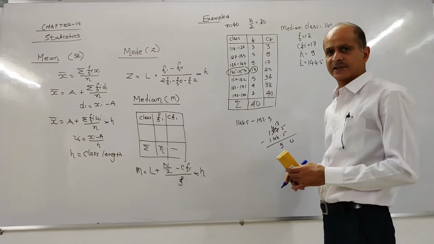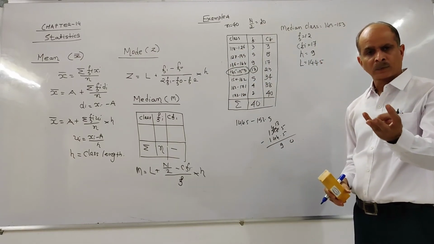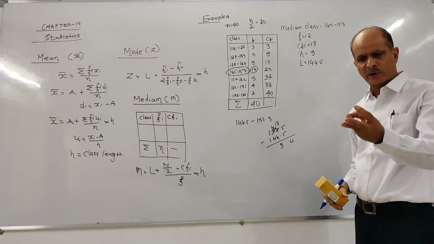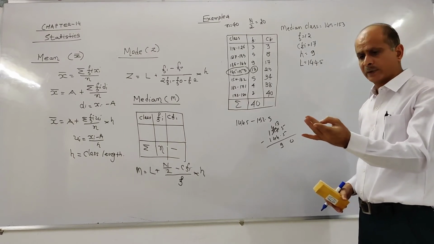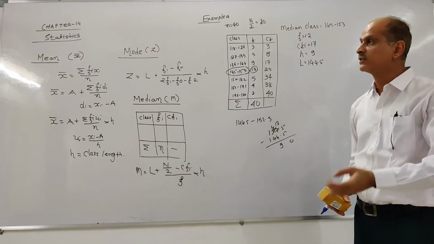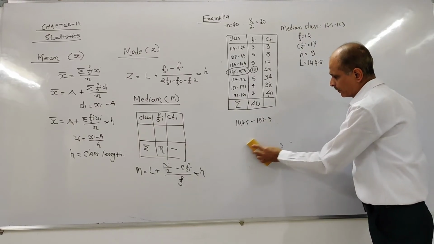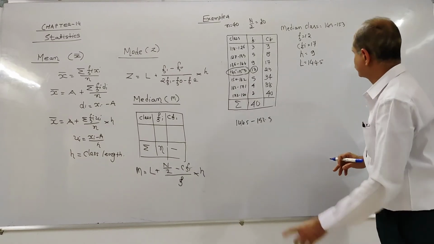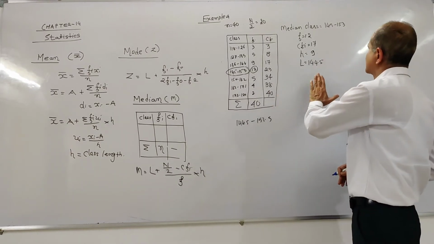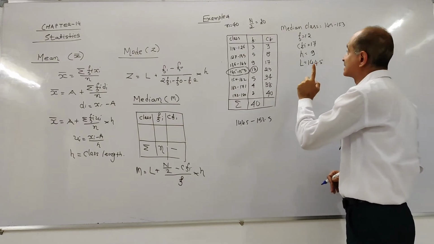Check: 118 to 126, that is 118, 119, 120, 121, 122, 123, 124, 125 and 126. So 9 values are there. When you subtract the lower limit point from the upper limit point, you get the value of H. So in this example, the value of H is 9.